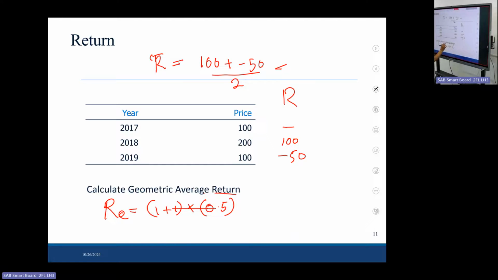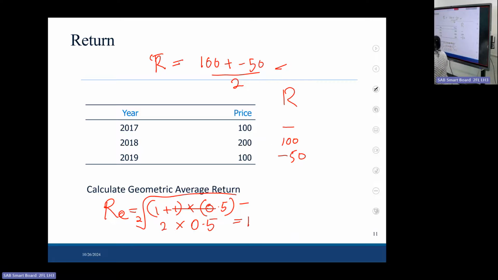Even though you have 3 years of price information, it is calculated only for 2. So 2 into 0.5 is equal to 1. Square root of 1 is 1.